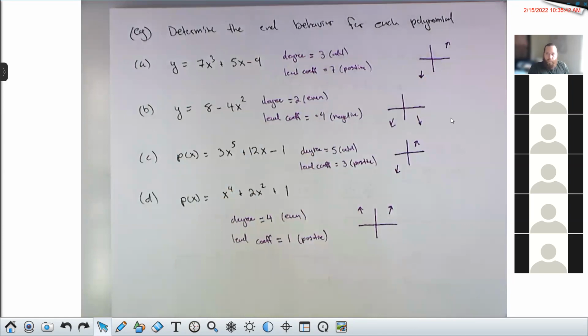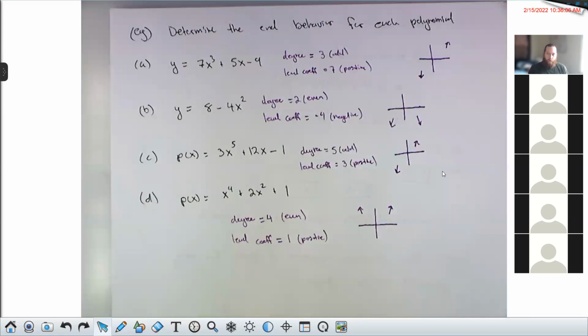It is a little bit cumbersome to have to draw this picture every time I want to describe the end behavior for a function. And as much fun as the dance is, it doesn't really go well on paper. So we develop a notation to describe end behavior. And it's a notation that, especially if you're going to take calculus, you will be seeing more and more and more of.